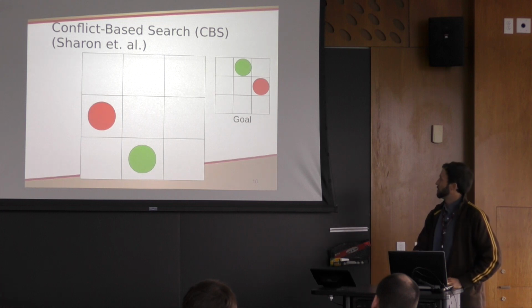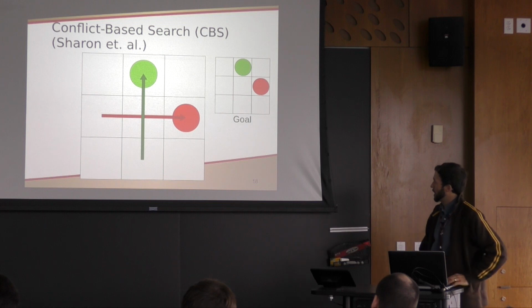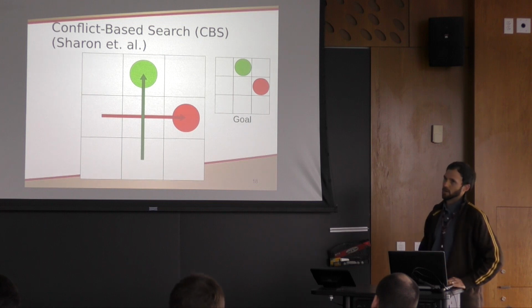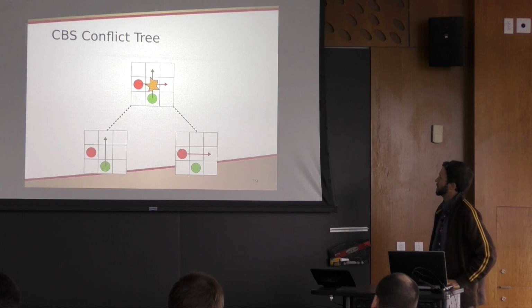So initially we find paths for each of the agents to their goals, and then we do a conflict check. And when we're finding the paths, we disregard what all the other agents are doing. So then we do our conflict check, and if there's a conflict, then we create child nodes in a conflict tree where each of the child nodes represents a possible solution to the problem.